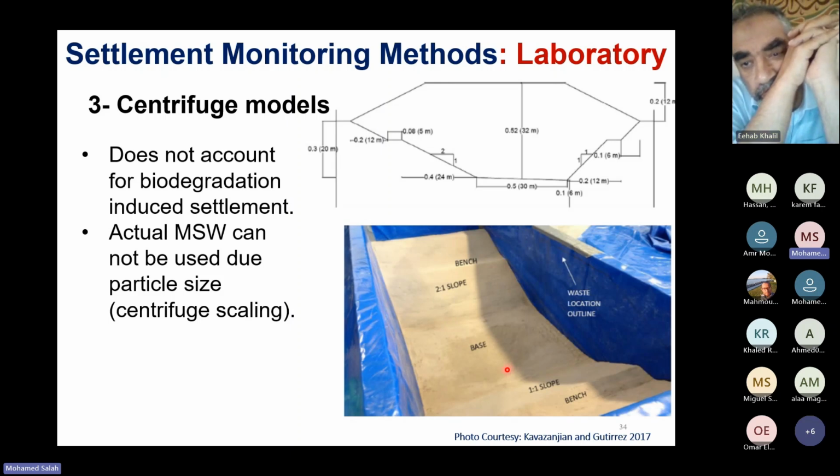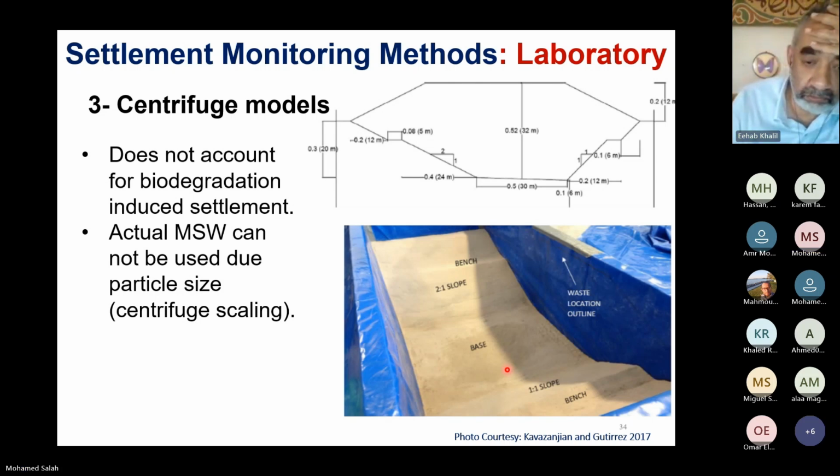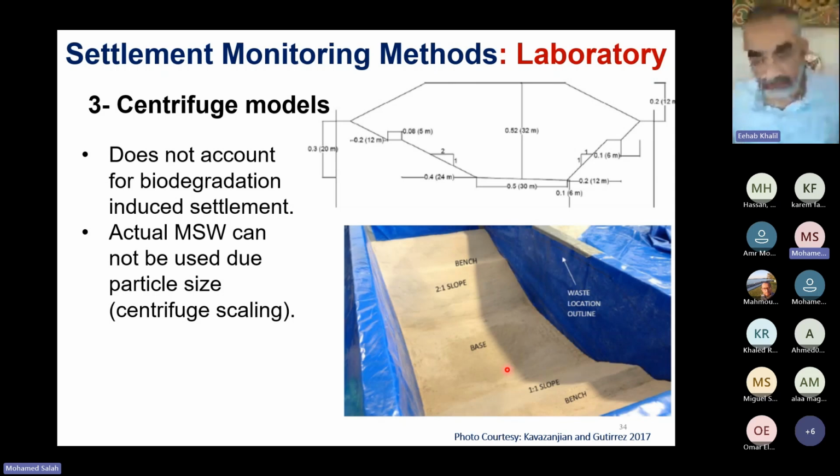That's why these kinds of models are not addressing the real behavior of waste itself, but they approximately address the effect of the waste settlement on developing tensile strains in the lining system. So biodegradation bioreactors are considered the only approach that accounts for mechanical compression, mechanical creep, and biodegradation.